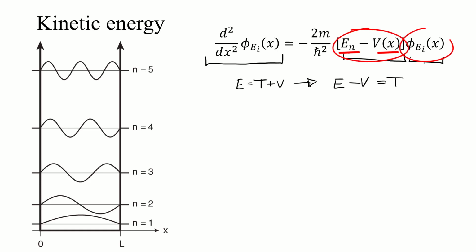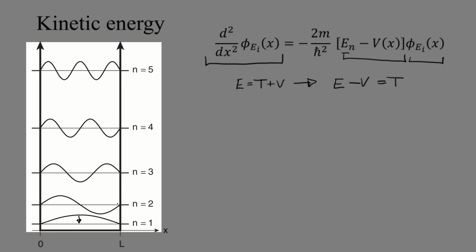If the wave function is also positive, then the curvature is going to be negative. We see that in all of these solutions, whenever the wave function is above 0, it's curving back down towards the 0. And the higher the curvature, the quicker it's curving, the more the kinetic energy is.